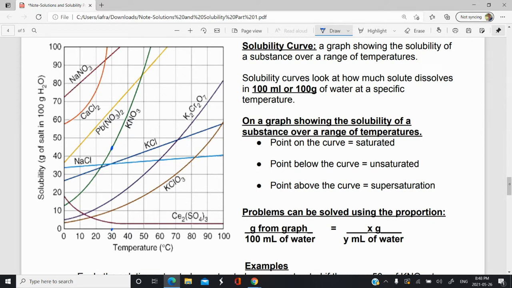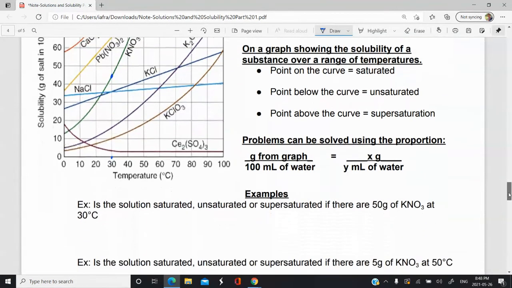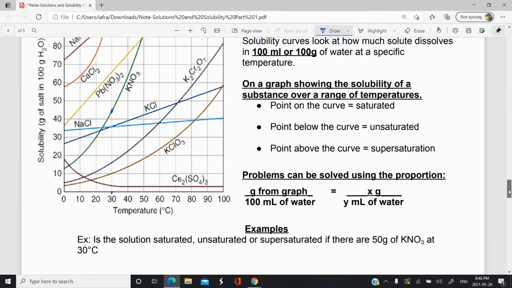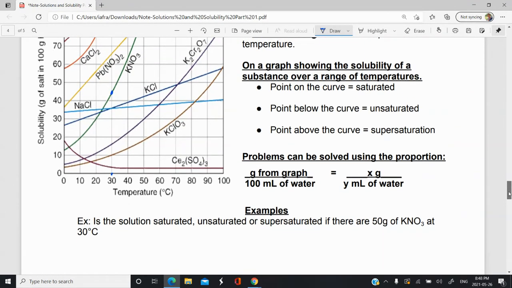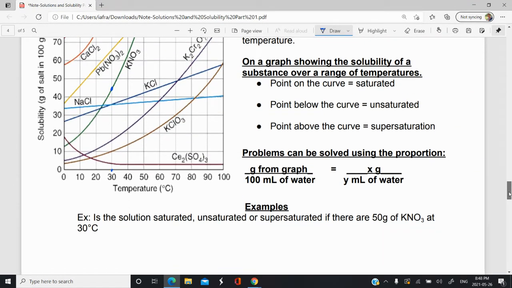At 30 degrees, a saturated solution is about 45 grams of KNO3, and we're saying we have 50 grams of KNO3 dissolved in our 30-degree water. So here we have a supersaturated solution because we have 50 grams, which is more than the saturated 45 grams.